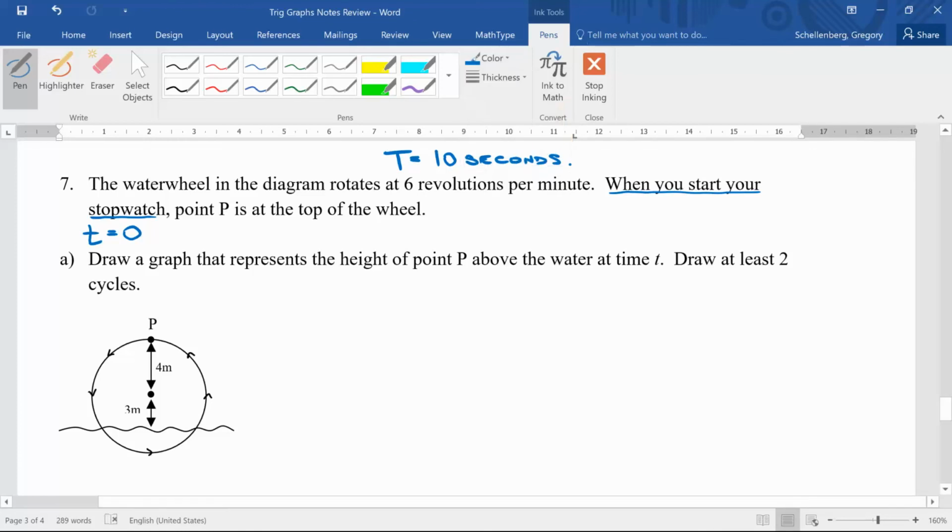That's telling me positive cosine function. So we've got y equals a times the cosine of b times x minus p, plus q. So we want to determine what is a, b, p, and q.